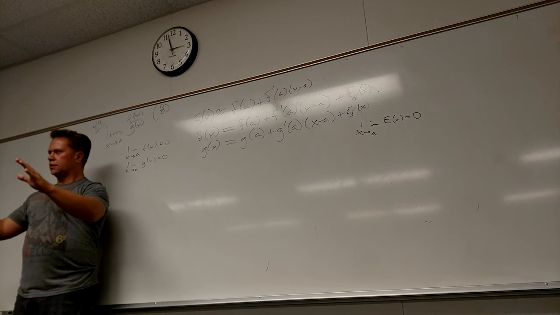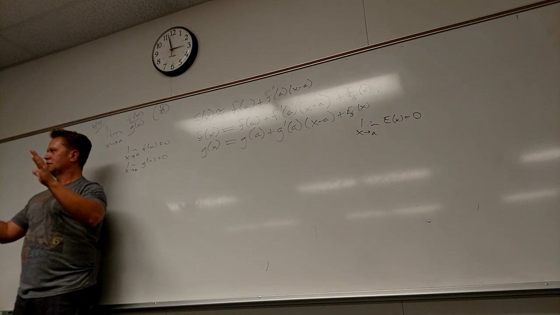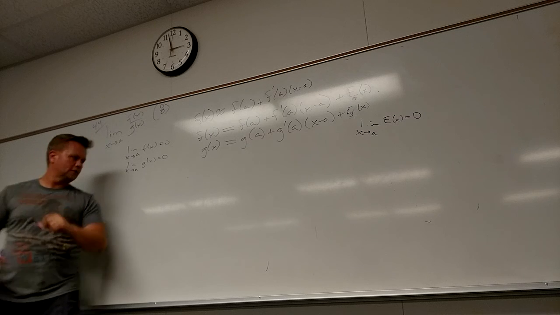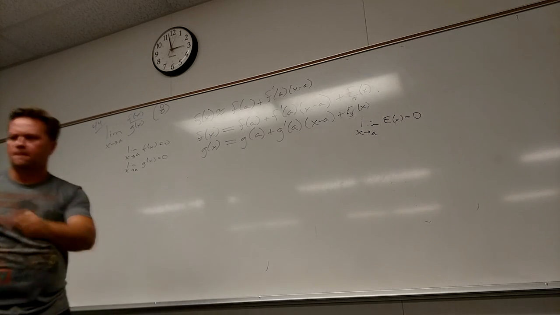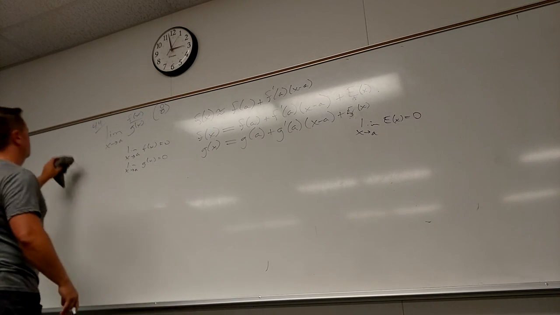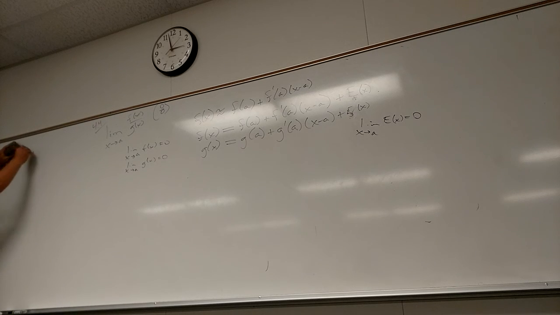Do you guys remember linearization? All right, it's such a long time ago. So real quick, a little review of linearization. If I have a function, I always use square root, but let's use something else, x squared, and I want to linearize this at a equal to 1.